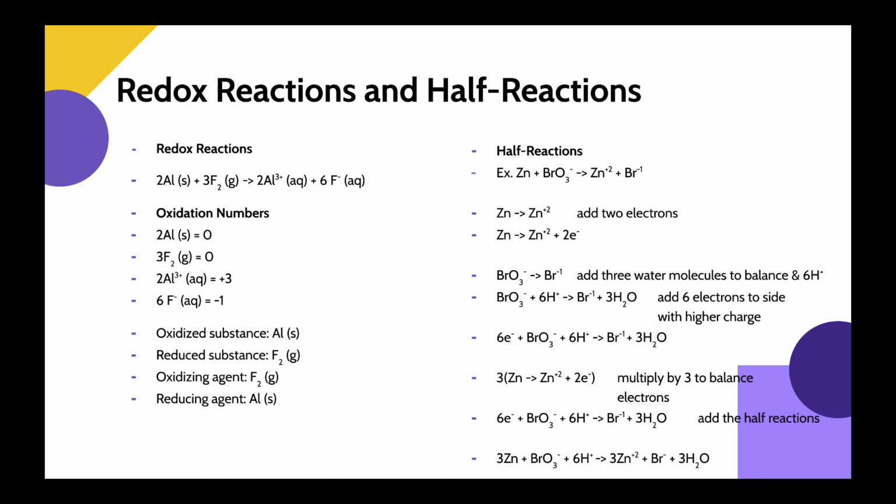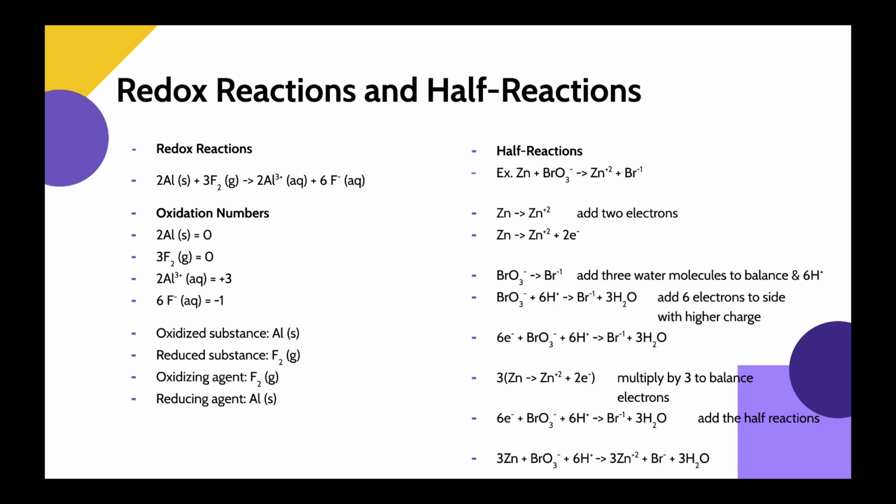For example, we have zinc reacting with bromate to produce a zinc cation and bromide. So for acidic conditions, we can use hydrogen ions and H2O to balance a half reaction. So for our first half reaction, we have zinc, which becomes a zinc cation with a +2 charge.